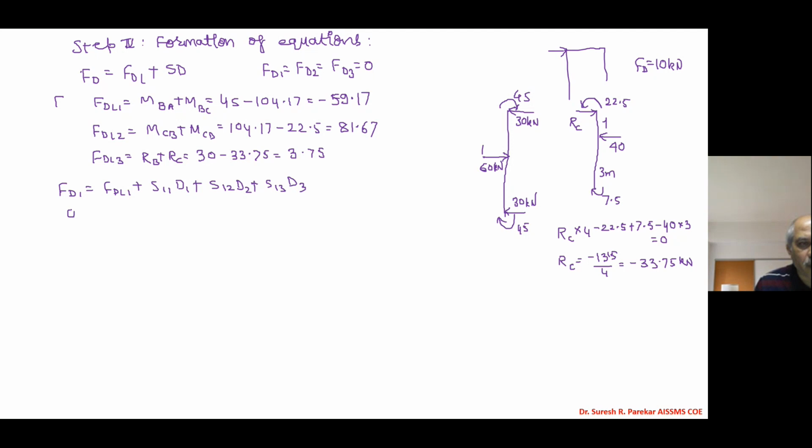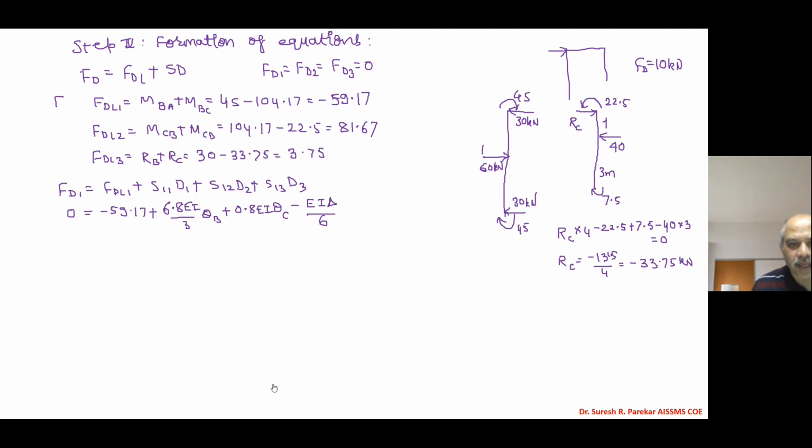So we have 0, and FDL1 we have minus 59.17 plus S11 we have 6.8 EI upon 3 theta B plus 0.8 EI theta C minus EI delta upon 6.